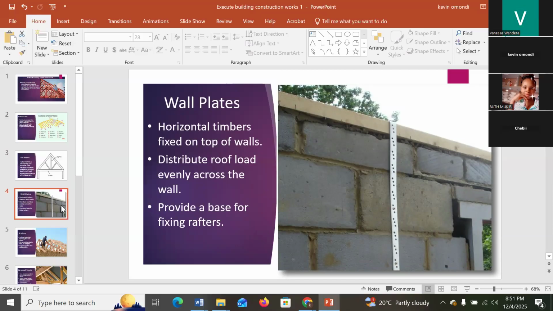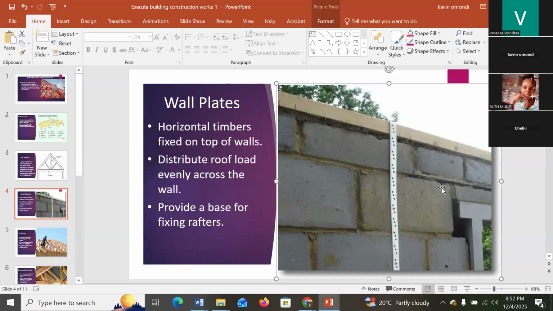You can see the wall plate on our diagram on the left of the page, wherever you are. So there is a picture of the wall plate.